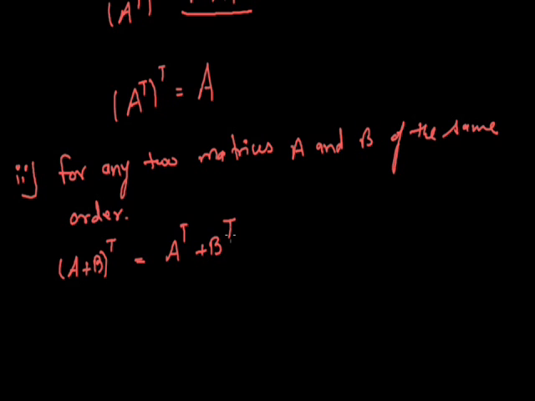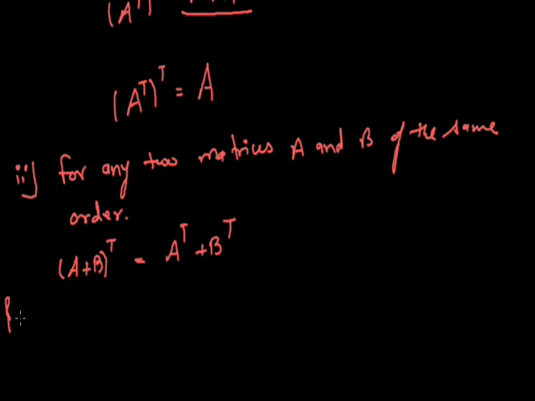If first we add the two matrices and then find the transpose, it equals firstly finding individually the transpose of each matrix. The transpose of the matrix A is A transpose, the transpose of the matrix B is B transpose. So A plus B whole transpose is equal to A transpose plus B transpose.